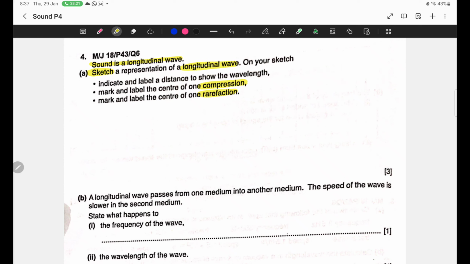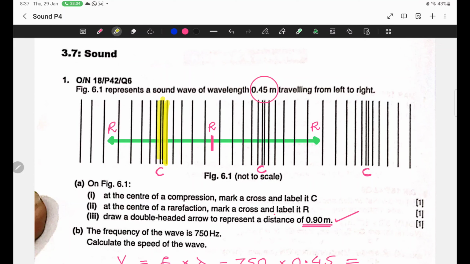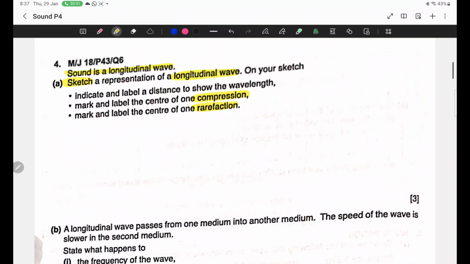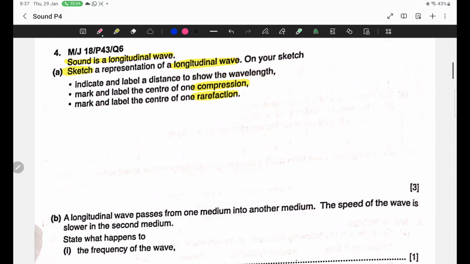In this diagram of a sound wave, you draw parallel lines very close to each other and call it compression. The lines you draw at a large distance, you call a rarefaction. You have to draw this diagram for that question.